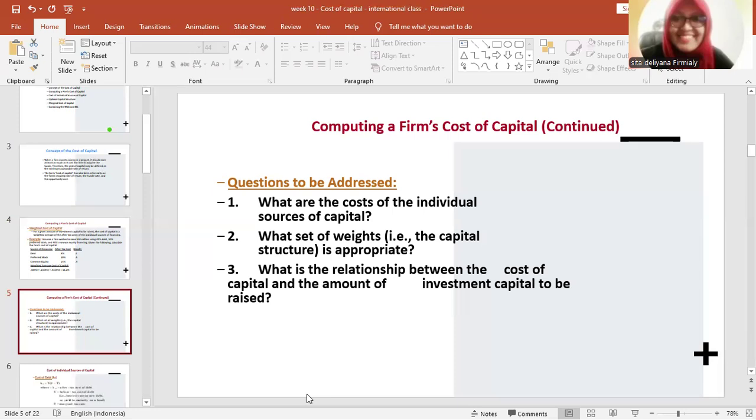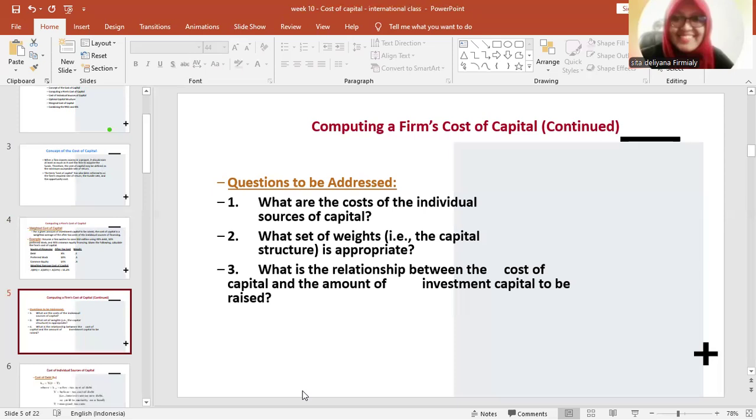So when we're talking about the cost of capital, in terms of the capital structure, we can talk about 70% debt and 30% equity, or 50% debt and 50% equity, or 100% debt, or 100% equity.